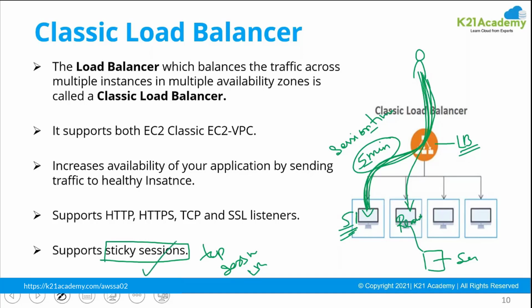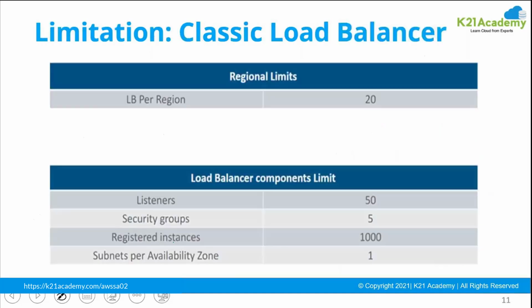Your classic load balancer also supports session stickiness, so you can enable it on your load balancer. With the classic load balancer, you have certain limitations: the maximum number of load balancers that can be created per region is 20, and you can have up to 50 listener ports.